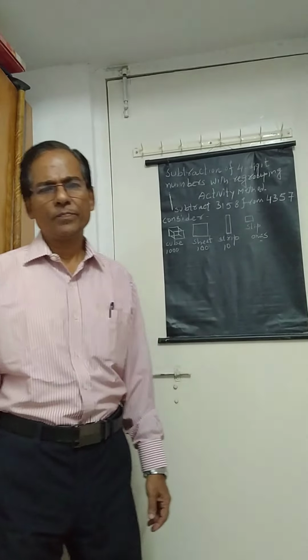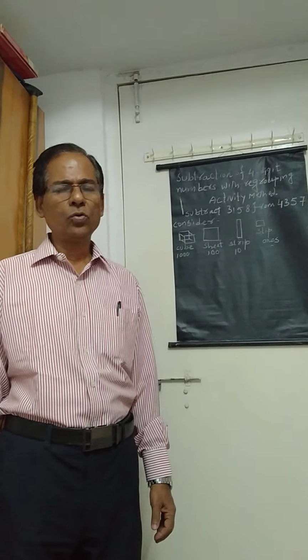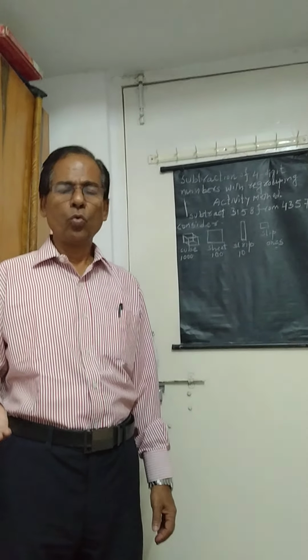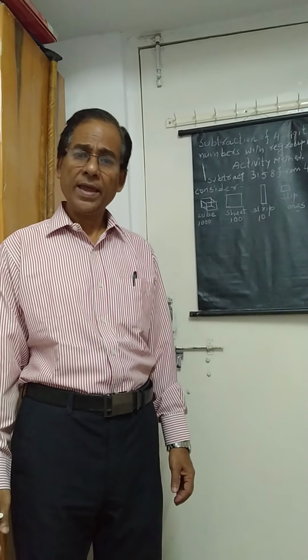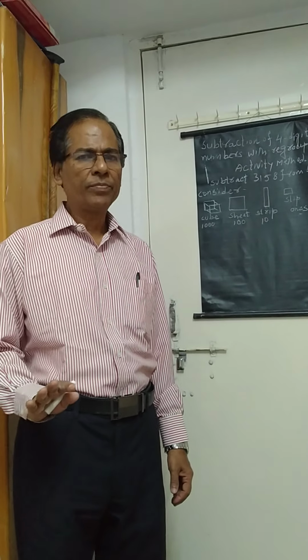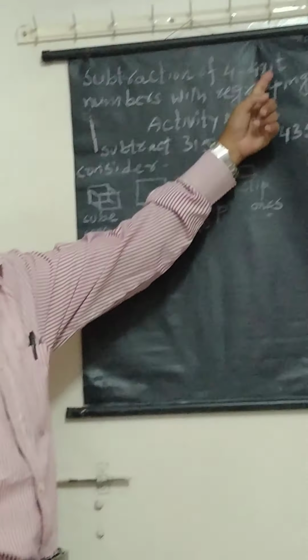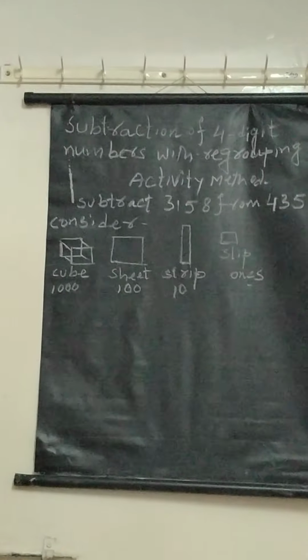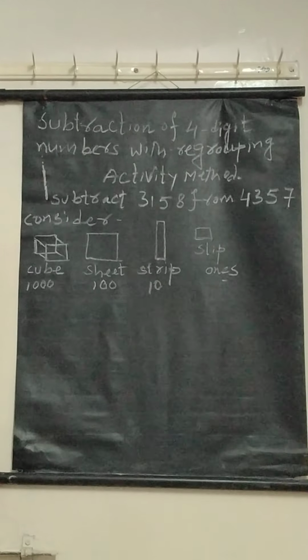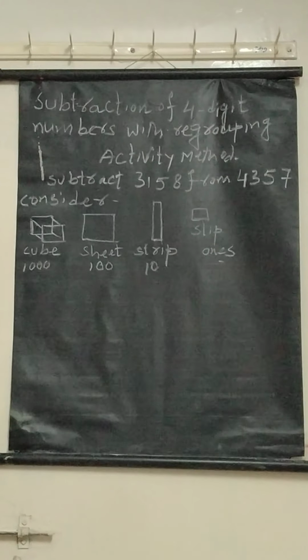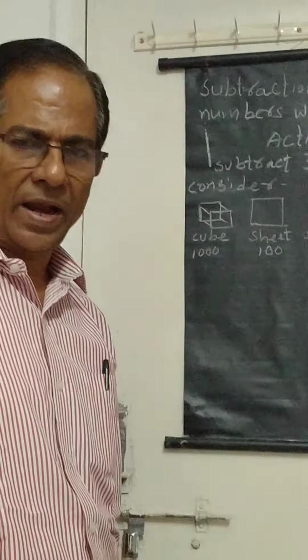Okay. So yesterday I taught you subtraction without regrouping, right? And today your topic is subtraction of 4-digit numbers with regrouping. With regrouping we have learned in addition, now we will do it for subtraction.